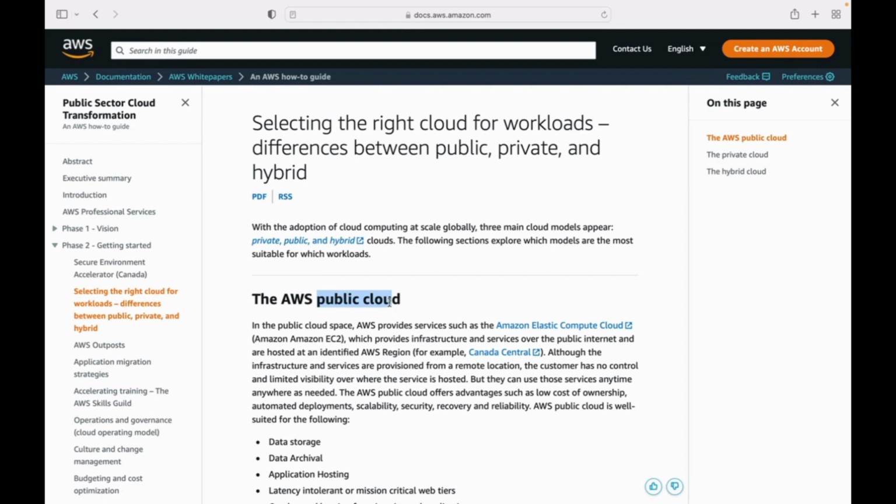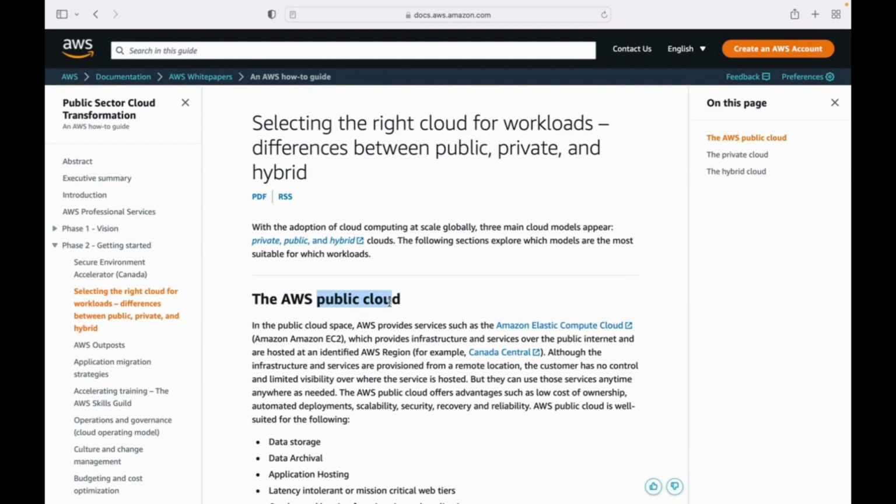AWS EC2 is a service which provides the customer the facility to deploy a web server onto the cloud. We are going to talk about this in the EC2 section, but in simple terms, if you want to deploy a server in the cloud, just go with the AWS EC2 service, which is available for everyone and anyone over the internet.